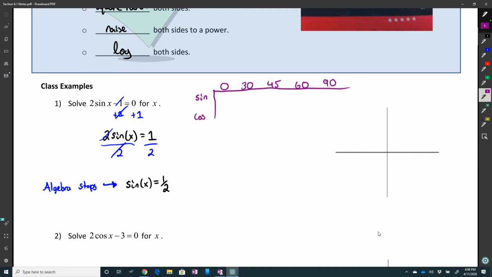The radian equivalents are, I'm going to put them up here in the blue area: 0, pi over 6, pi over 4, pi over 3, and pi over 2. And then the values for sine are 0, 1/2, square root of 2 over 2, square root of 3 over 2, 1, and I do them in reverse for cosine.